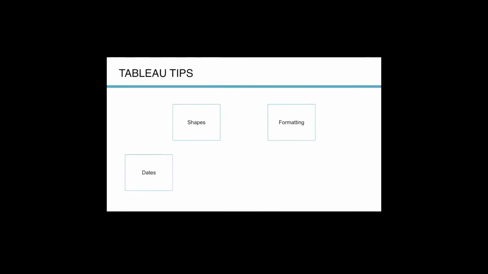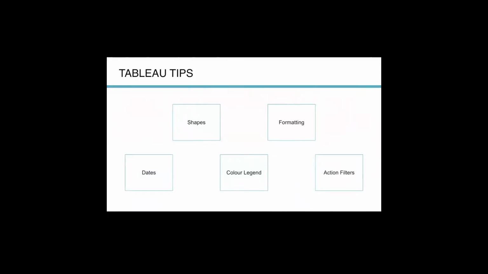Dates. We love to hate them. Continuous, discrete, which one do I use? I'll show you how to build a calendar. Color legends. Now, we don't always use these, but sometimes we do. This one will allow you to show a dynamic color legend, for when you have sheet swapping. And then finally, action filters.